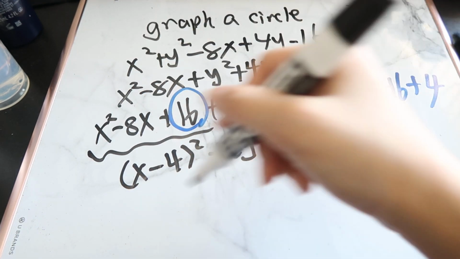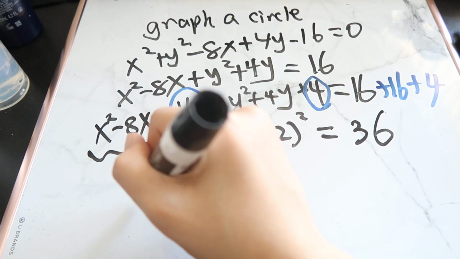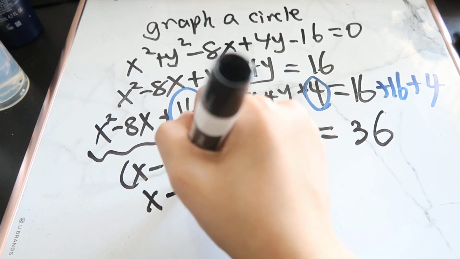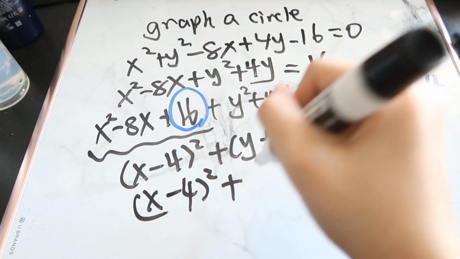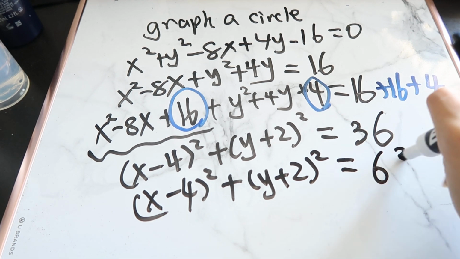And if you want to know the actual radius, it's x minus 4 squared plus y plus 2 squared equals 6 squared.